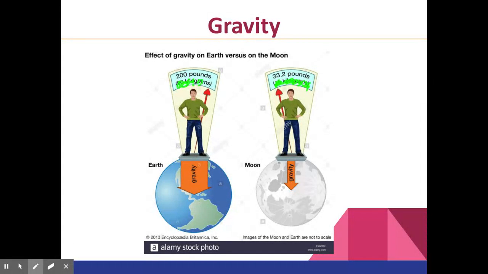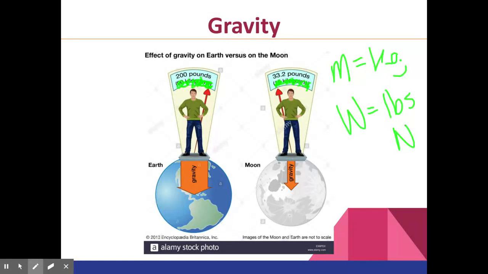Completely erase it. I completely bungled that. Ignore that, because remember, mass is a measurement of how much matter a thing has, in kilograms, whereas weight is in pounds. We're going to see it in newtons, that sort of thing. It's also in kilograms, but that's different.